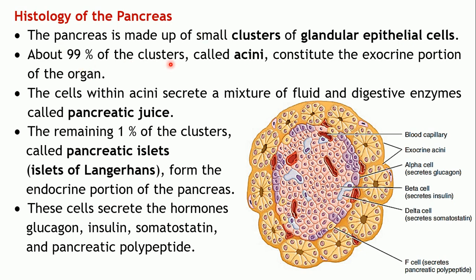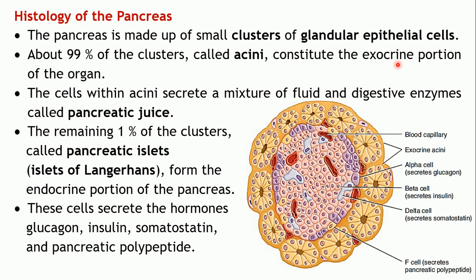Okay, now as far as the pancreas is concerned, 99% of these clusters are known as acini. So 99% of these clusters comprise the exocrine portion of the organ. As we have seen in the introduction, the pancreas is an endocrine as well as exocrine organ, right?